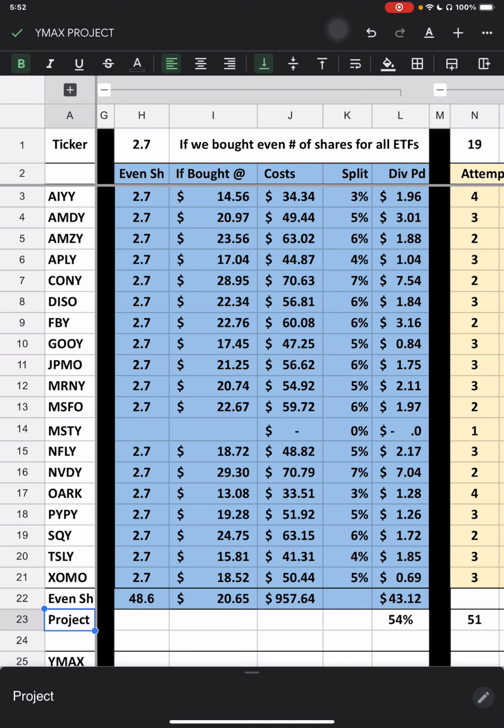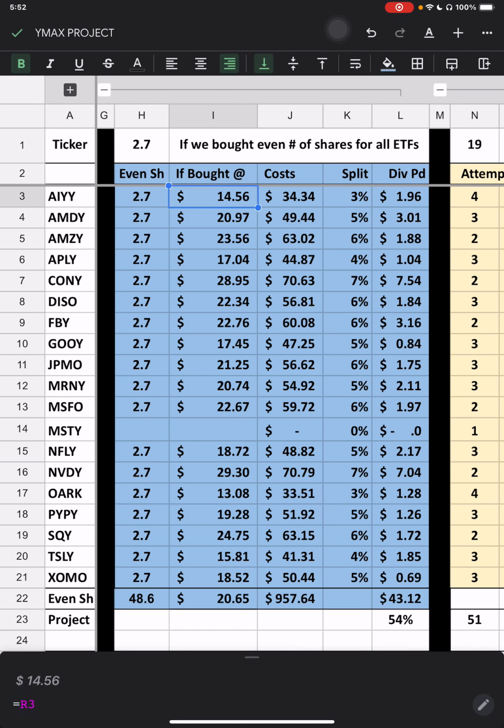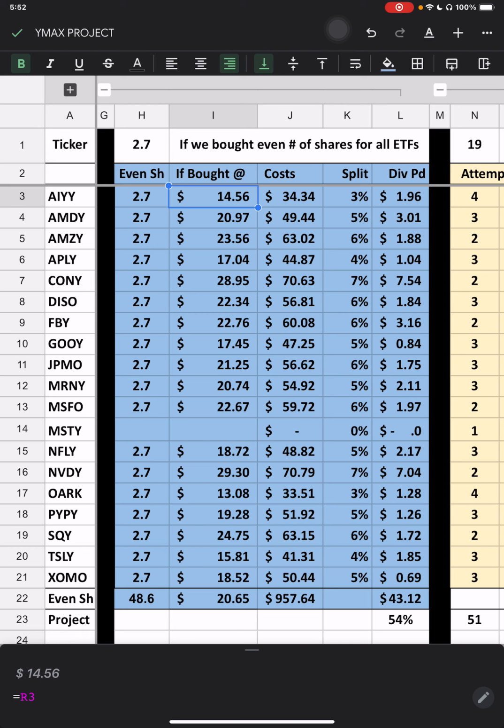I've spent now the rest of that $50 because I bought one of Misty's to make that distribution, to have that in there. Of course, it's dropped like $4 since. But oh well, that's the world we live in, right? But anyway, 2.7 shares. And this was if we bought it at today's dollar amount. Then that's about how much you would be spending.